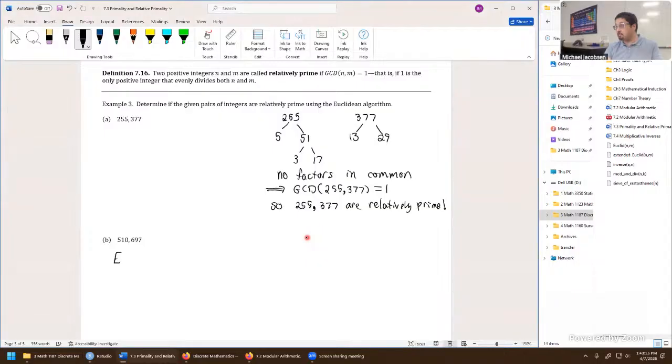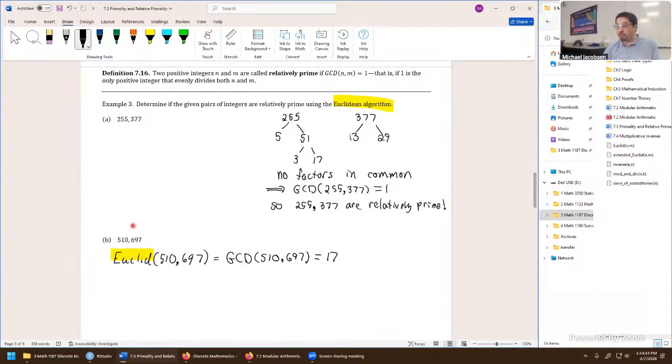So we can say Euclid 510 697. So here we're using the Euclidean algorithm from the prior section. This gives the greatest common divisor of 510, 697, which came out as 17.